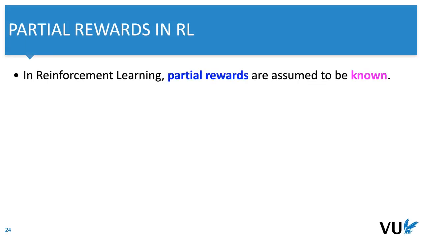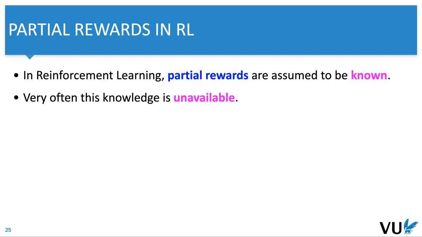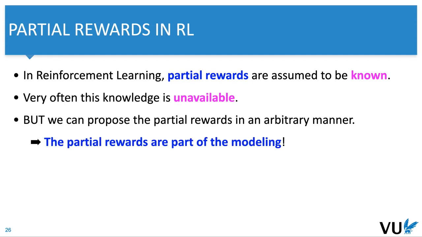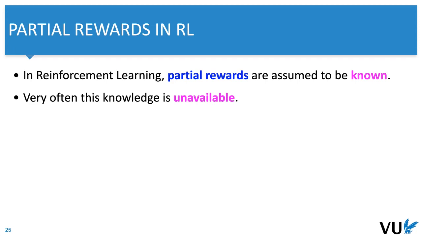Bayesian optimization is something a little bit different. So in reinforcement learning, we have these partial rewards, and we assume that they are known in general, not always, but in general. So we assume that after every step, we see something, that we are rewarded somehow, right? But this knowledge is very often unavailable. We really need to wait for the final outcome.